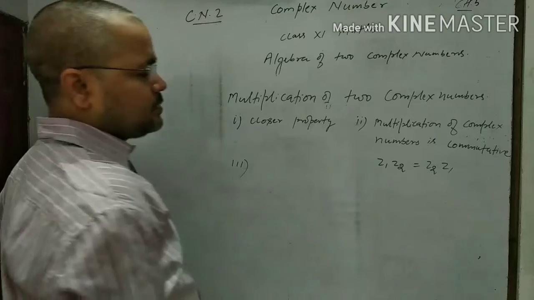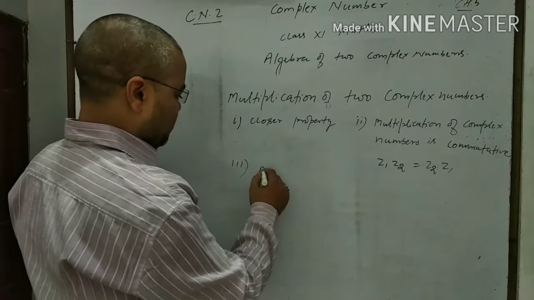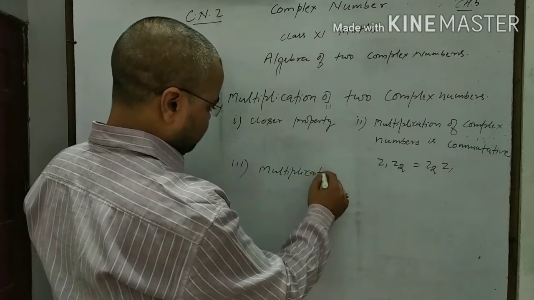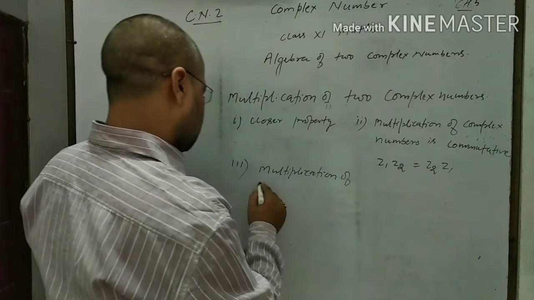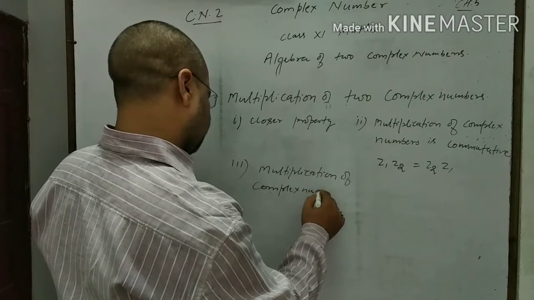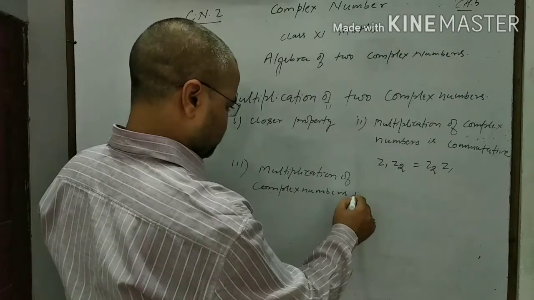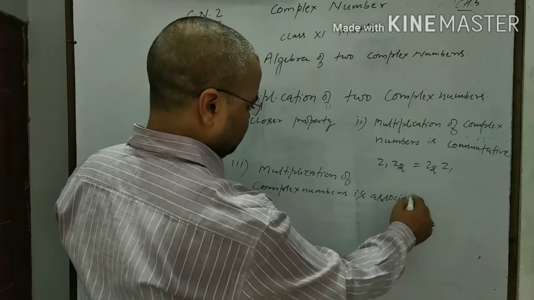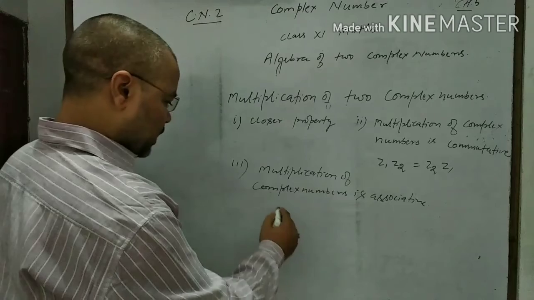The third: multiplication of complex numbers is associative. How?